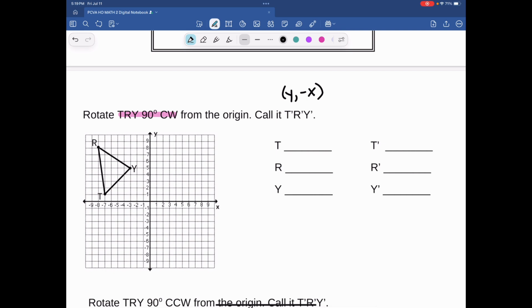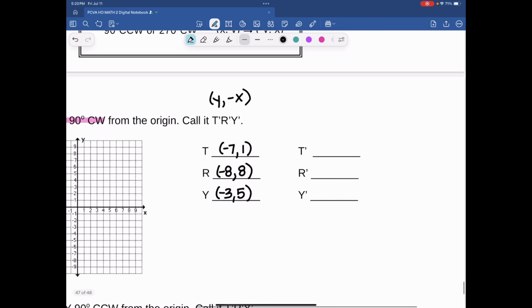The T is located at -7, +1. Our R is located at -8 and 8. And then our Y is located at -3 and +5.